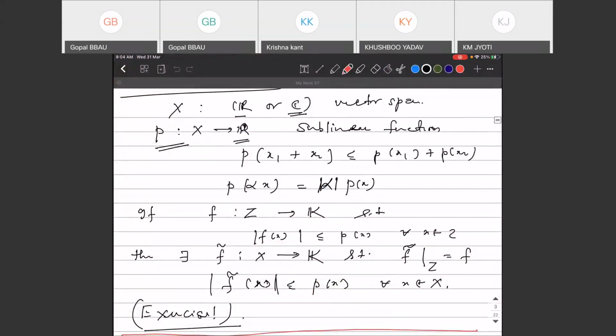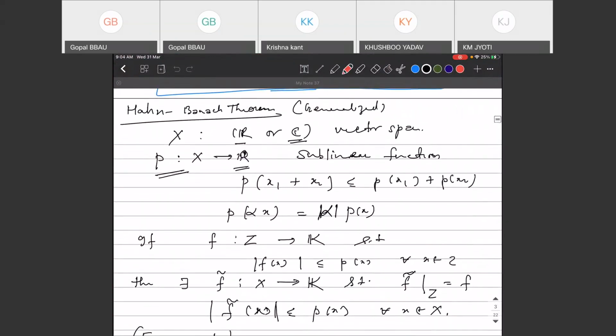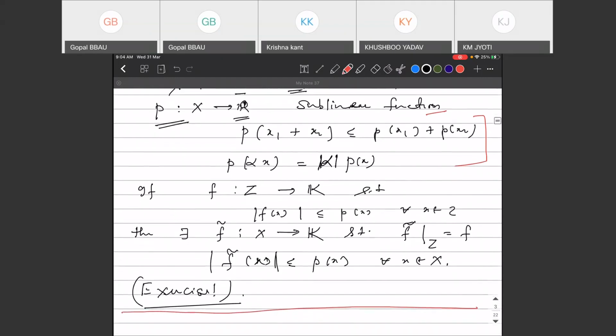So yesterday we left at this place, the Hahn-Banach theorem, where X is a complex vector space and P was a sublinear function from X to R. It's a sublinear function, I am not saying it is a functional, it's a function, correct? It satisfies these two properties.